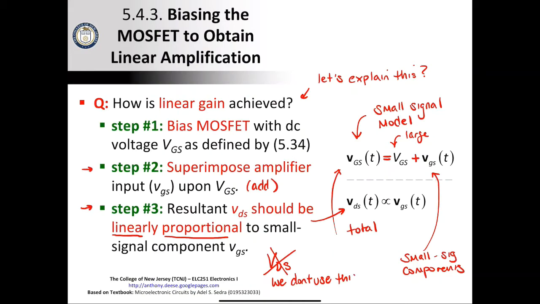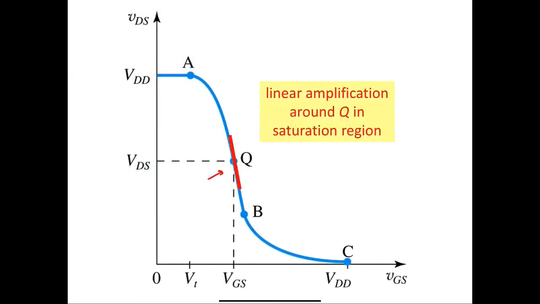So when we input a signal that waves like this, the output, if we project it onto the blue line, we'll get something that looks like that. The output is only going to be the small signal component of VDS. So the DC offset, we're just going to neglect that.